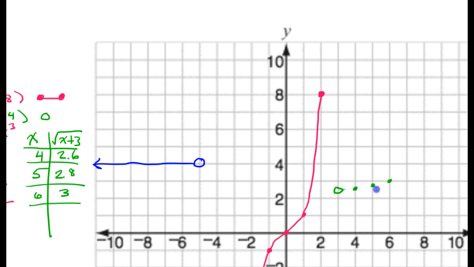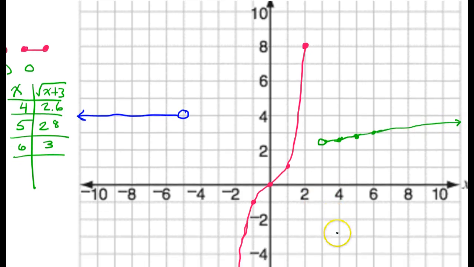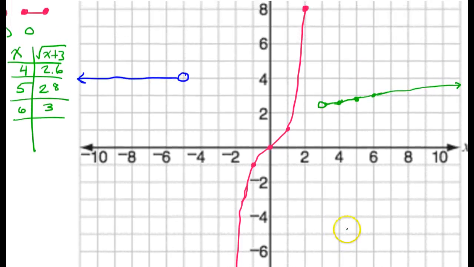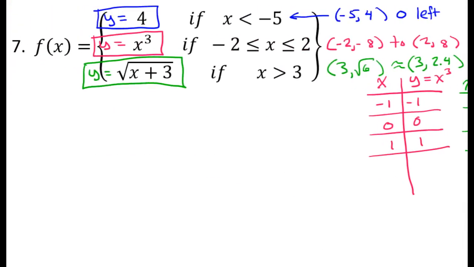This is a very, very shallow graph. So if I keep going, it's going to look something like this. All right, and that's it. That's what this piecewise function is going to look like. All right, so that's it for number 7.